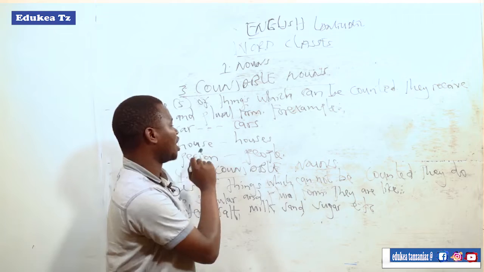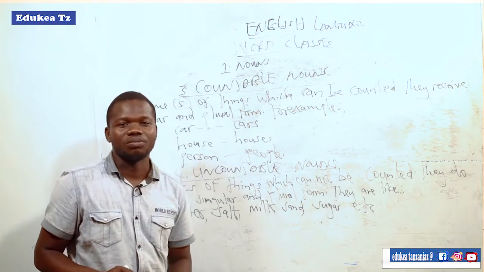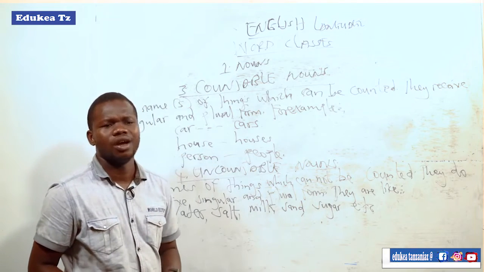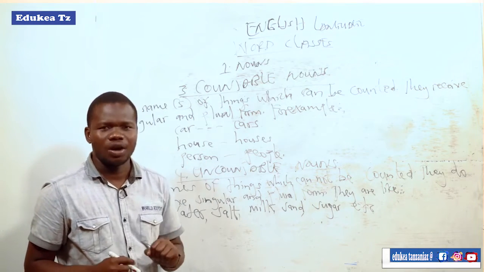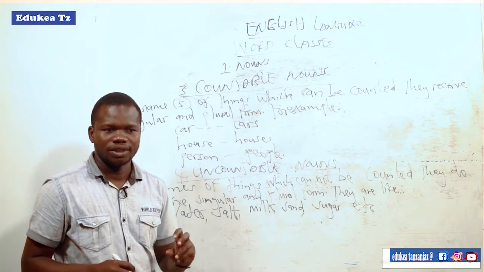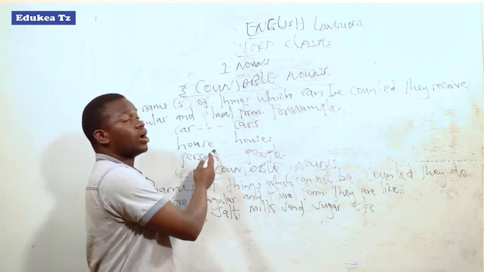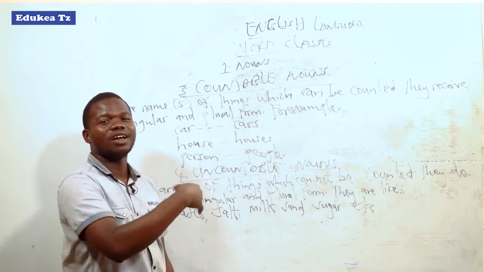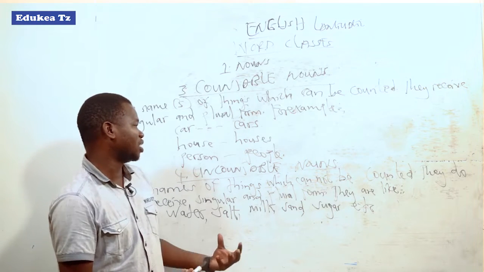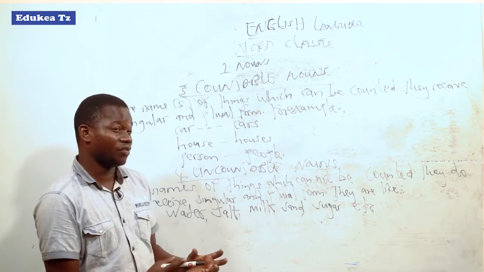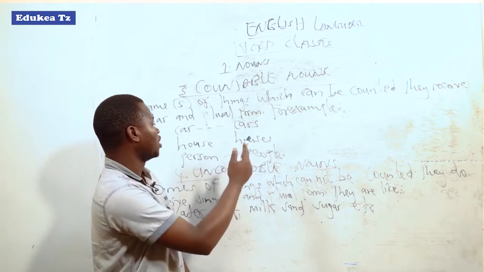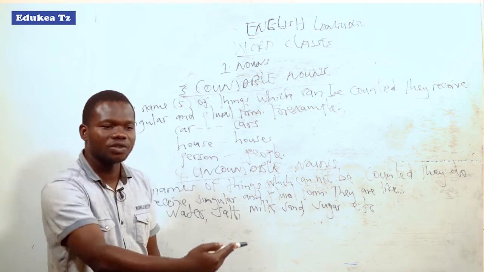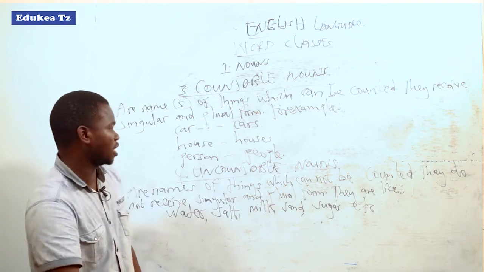So the word houses is the plural form of house. We can't say two house, simply because once you say house, it is one. But we can use the corrective form: two houses, three houses, four houses, twenty houses, like that.